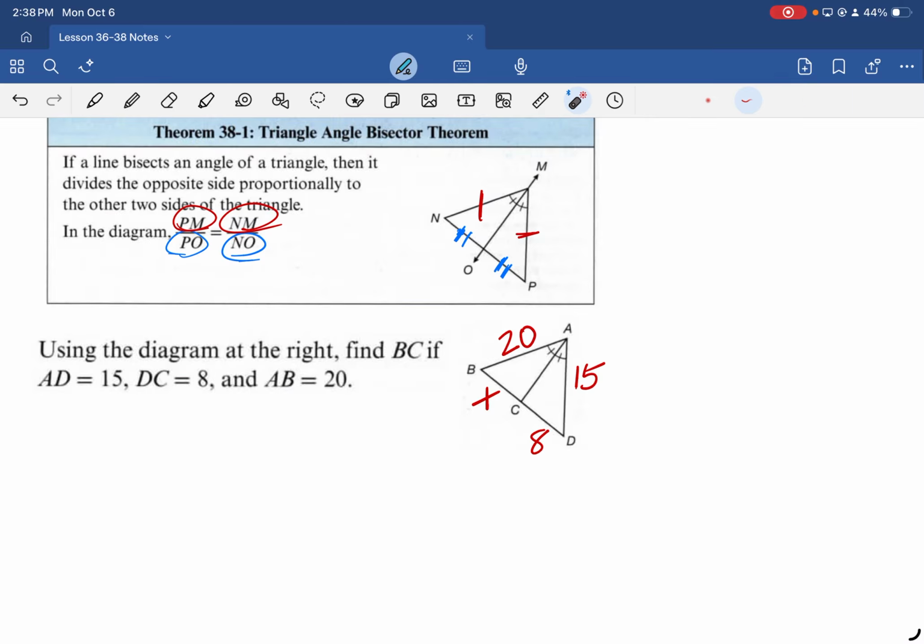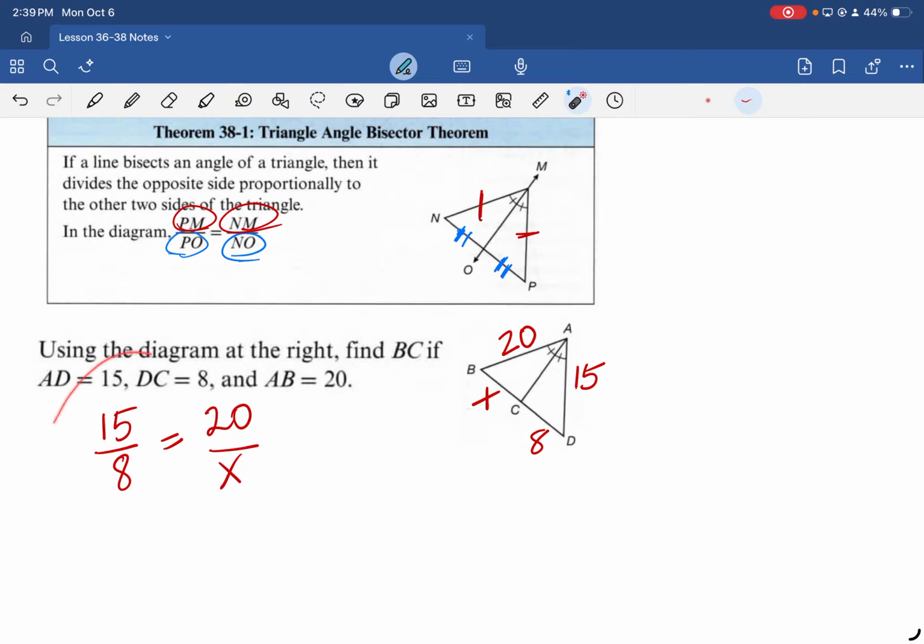So, watch me. I'm going to do this over this equals this over this. Okay, 15 over 8 equals 20 over x.